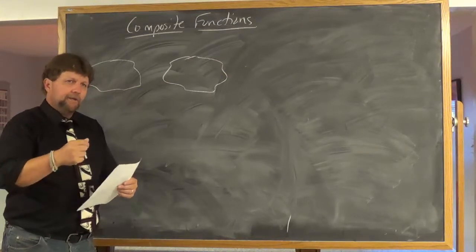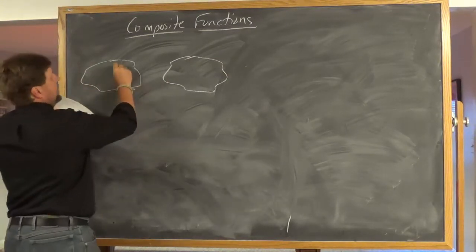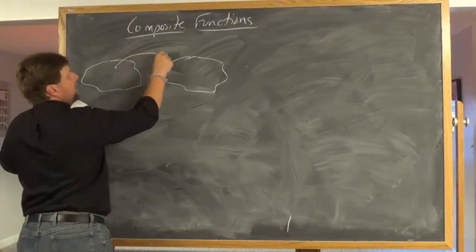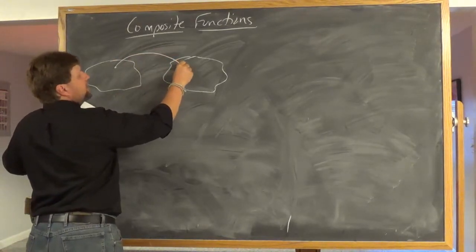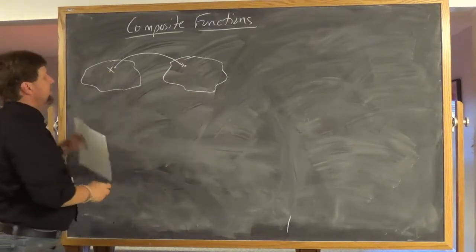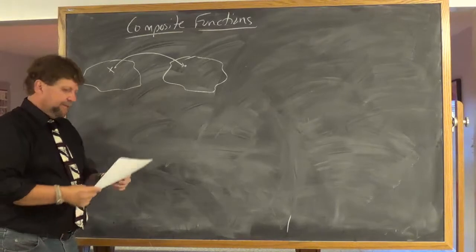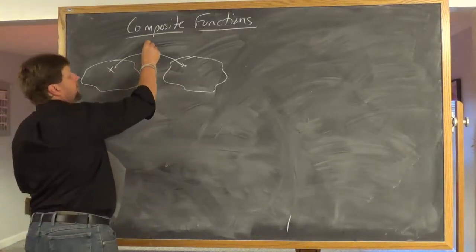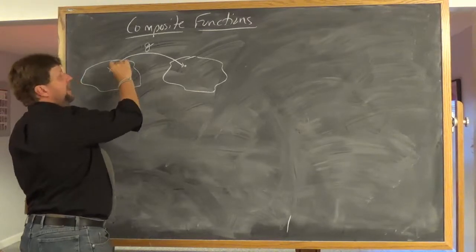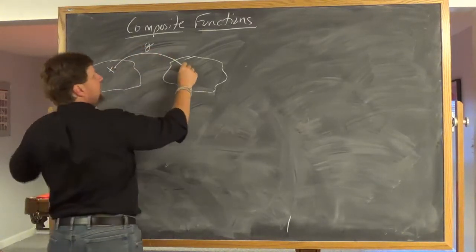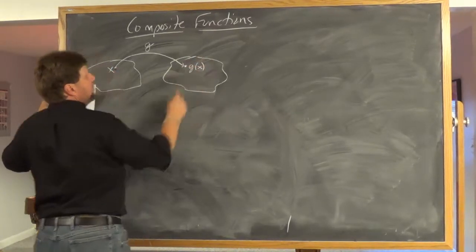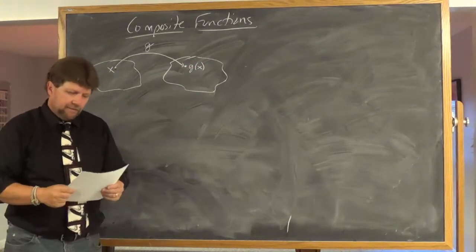So keep in mind that a function picks up an element in the domain and sends it over here to an element in the range. So let's just say it picks up some generic x, and let me call this function g. So it picks up a generic x, cranks it through function g, and it drops you off over here at some y value, but I'll just call it g of x.